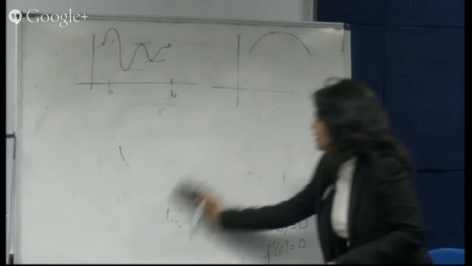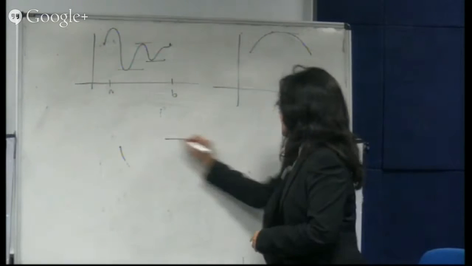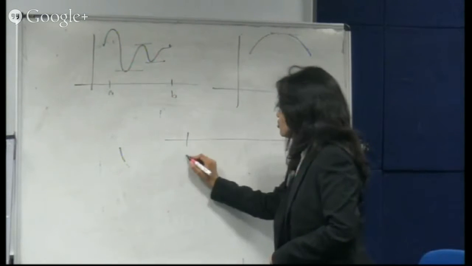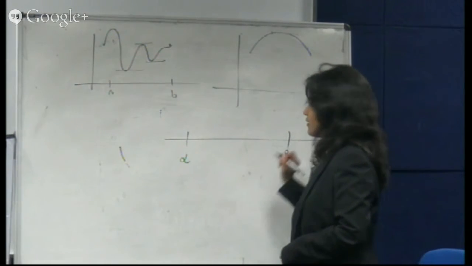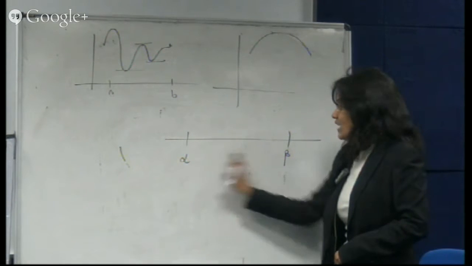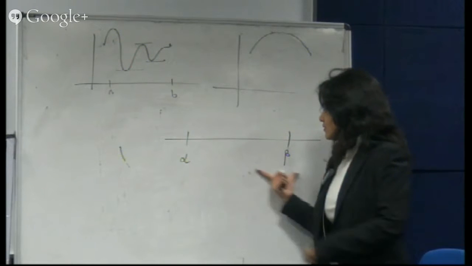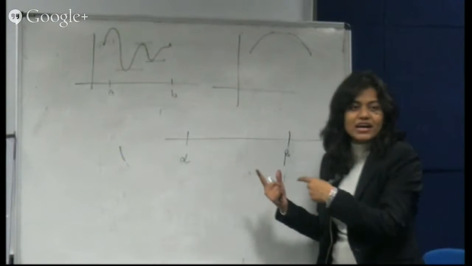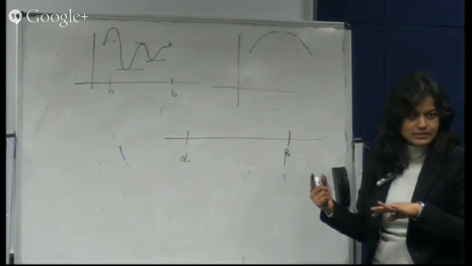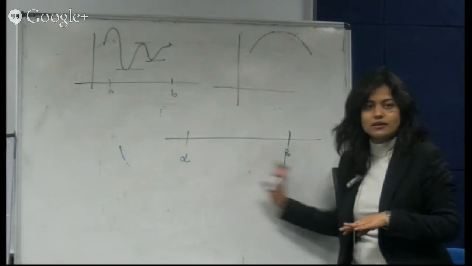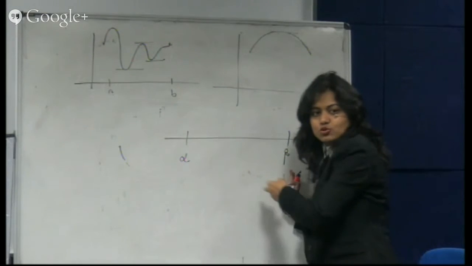Why? Because if these are two consecutive roots of f', that means for values between alpha and beta, f'(c) cannot be 0. There is no root between these two numbers.